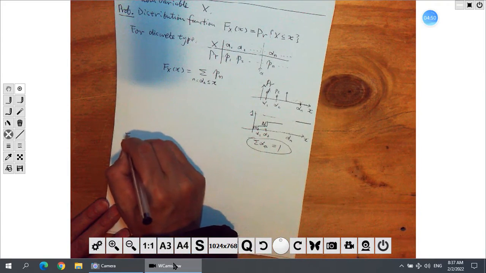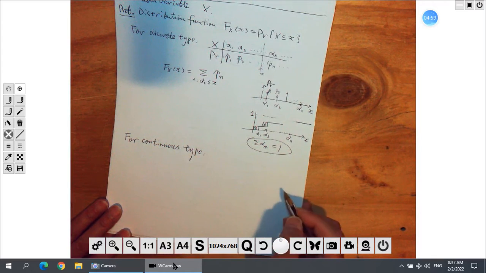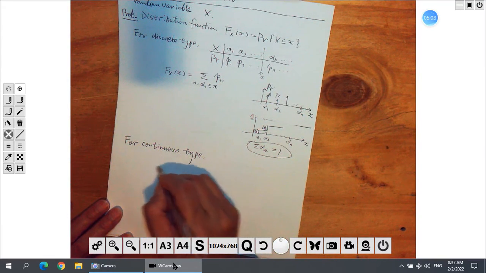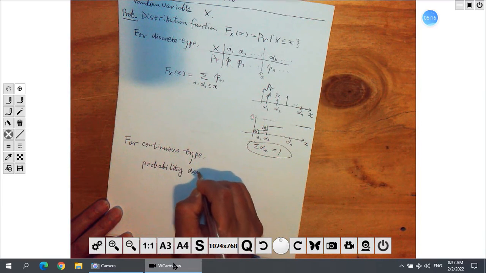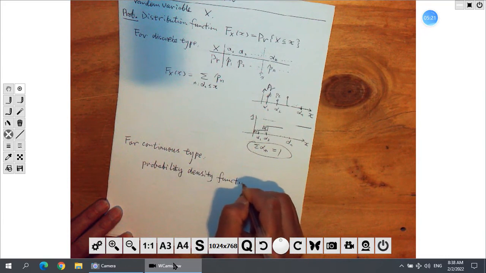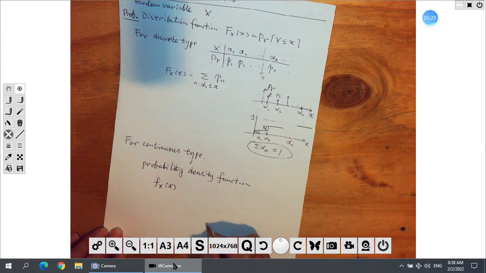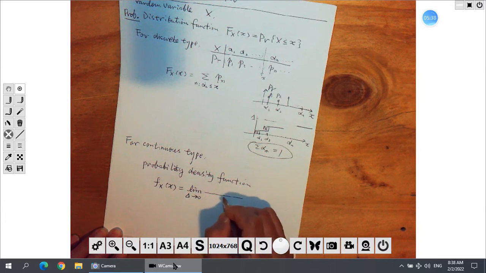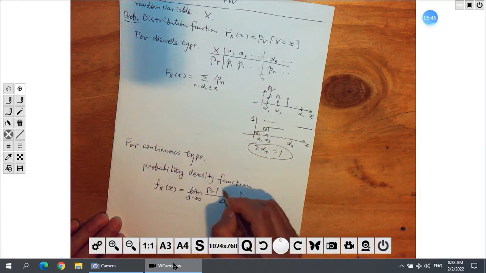And then for the continuous type, it's similar to the list of possible values, but now you have an interval, so we use a probability density function, denoted with lowercase f_X. The definition is a limit as delta goes to 0 of the probability of an interval of length delta containing x, so that the absolute value of X minus x is no more than delta over 2.